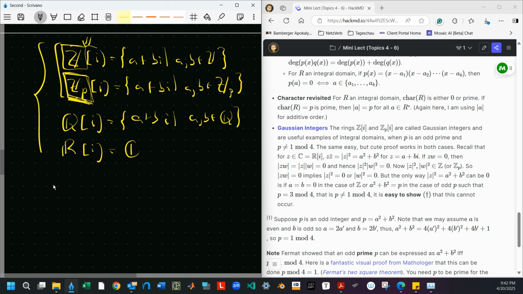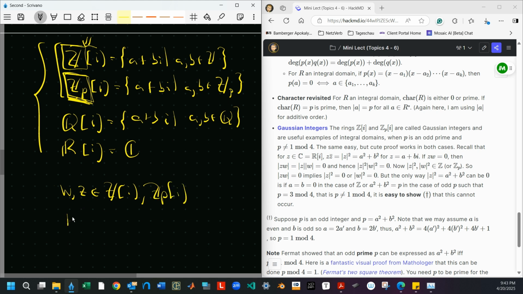To see there's no zero divisors, we have this kind of argument. Here's a thing to note: if I have w and z, elements of one of these things, Z[i] or Zp[i], I'm going to use the same argument for both.